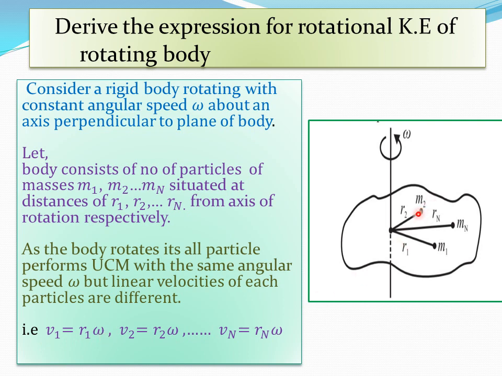For the second particle, v2 equals r2 into omega, and up to v of n equals r of n into omega. Omega is constant in all terms; we didn't use suffixes 1, 2 and n for omega. v1 equals r1 omega because for the first particle m1, r1 is used and omega is constant. For the second particle, r2 and m2 are used and omega is constant.